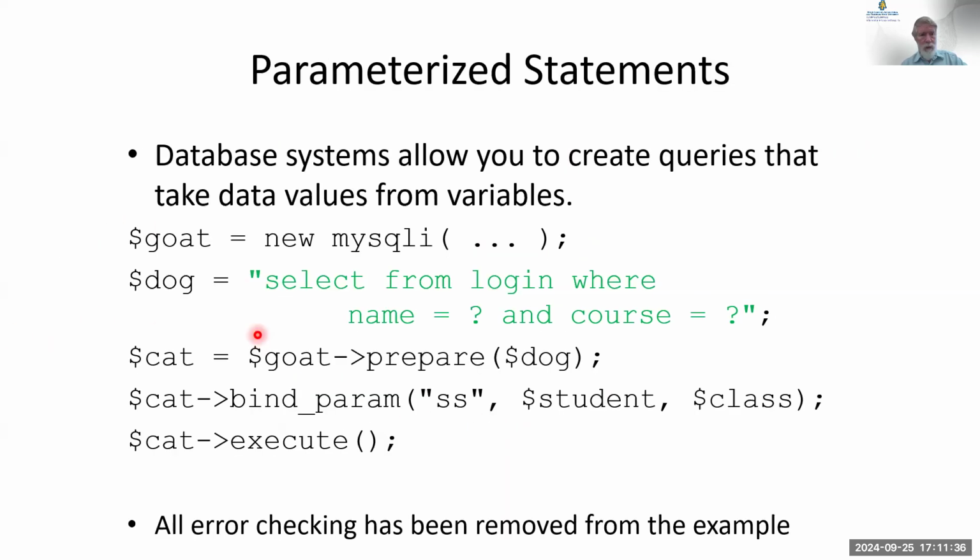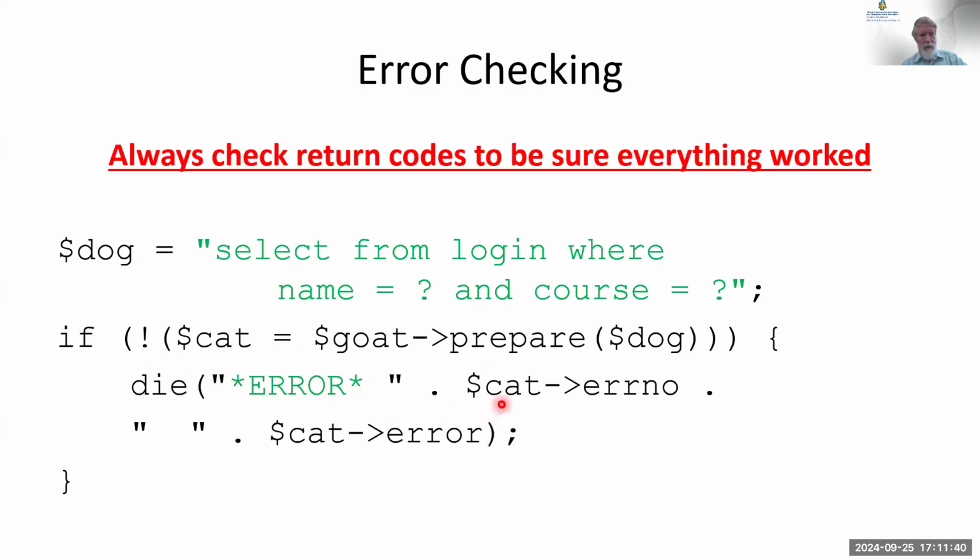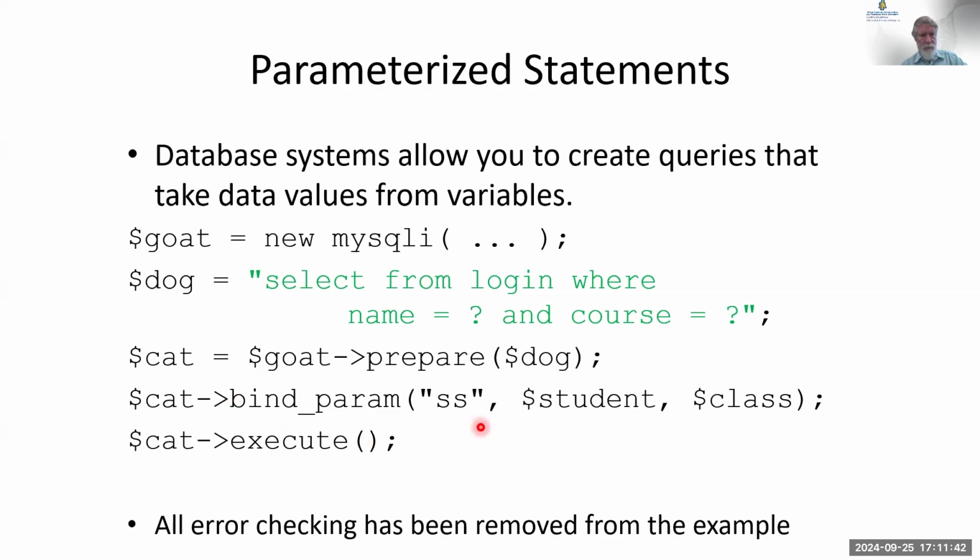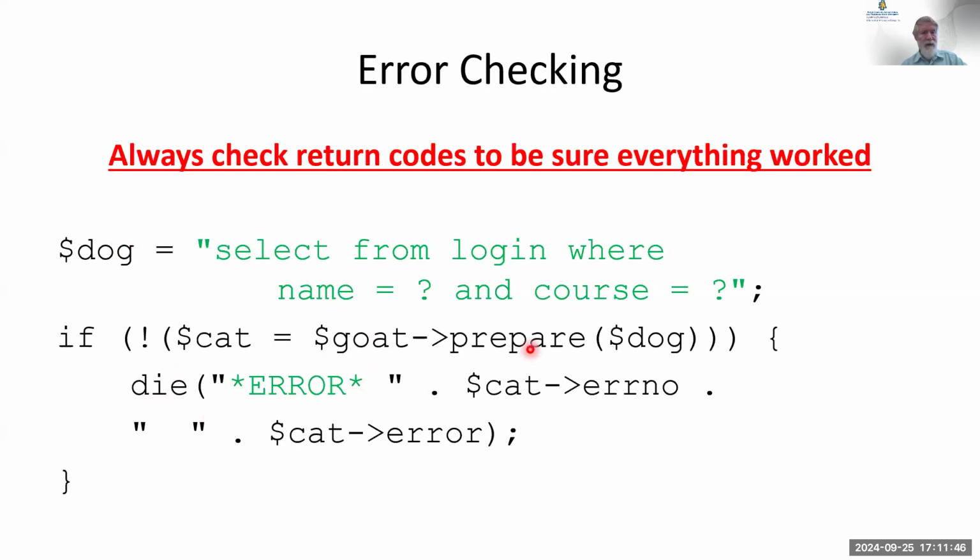When we did the prepare, backing up here, we have the prepare statement. It returns an error code. So if there's an error code, then you do a bunch of things. Die is an interesting function in PHP. It simply causes the program to quit and sends this error message off to the website.